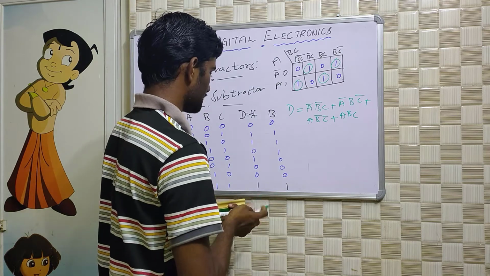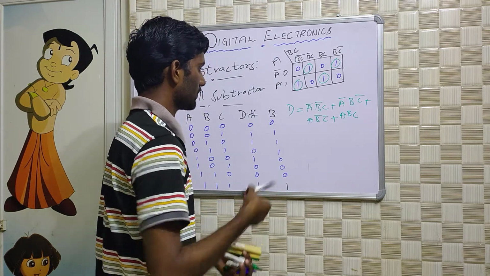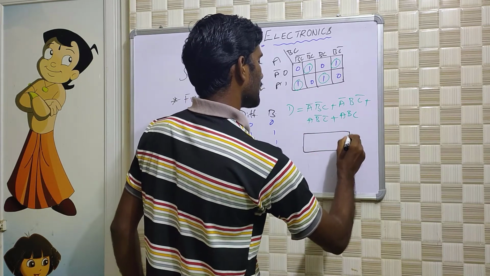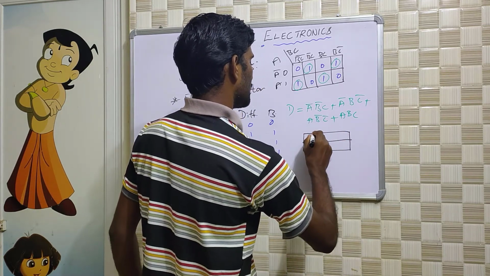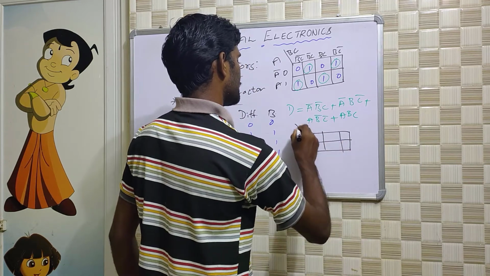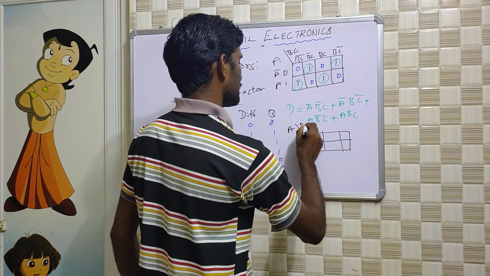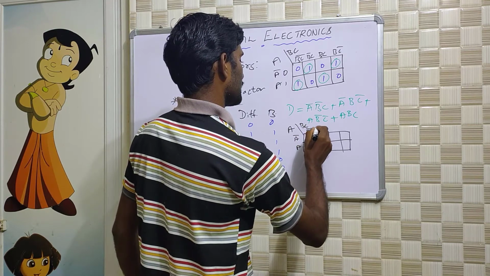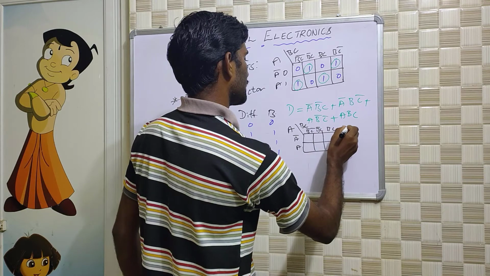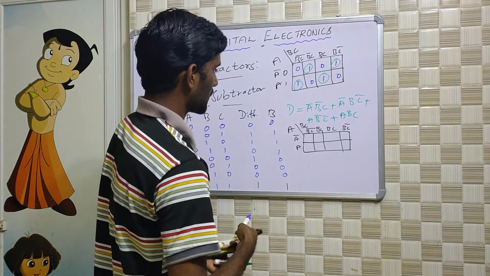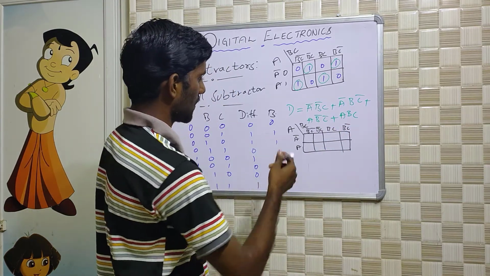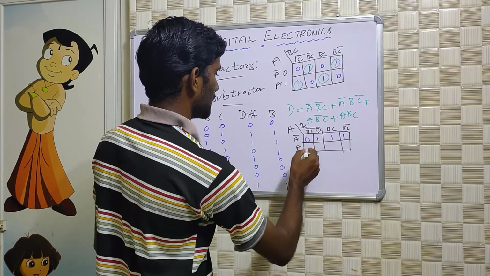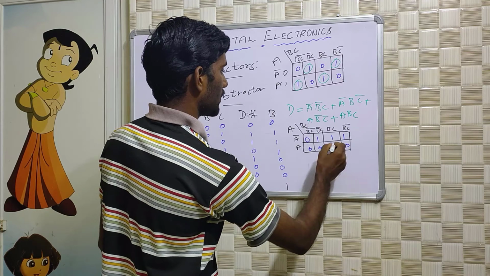Similarly, let me take the K map for borrow. So if we take the K map for borrow: 0, 1, 1, 1, 0, 0, 0, 1, right?